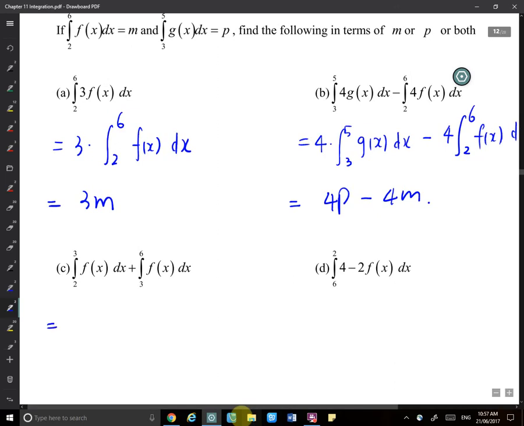Okay, the next one, you can see that's 2 to 3 and then 3 to 6. I can say that's directly 2 to 6 of f(x) dx, and that equals m.